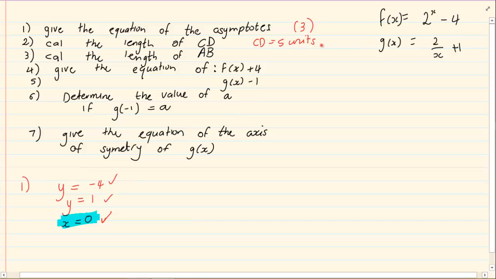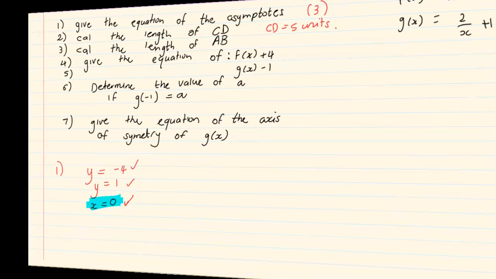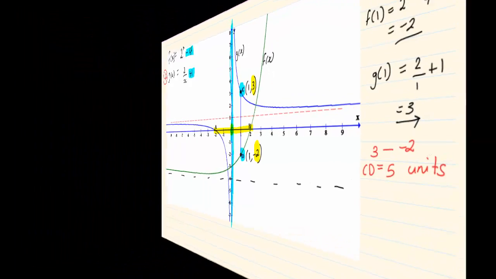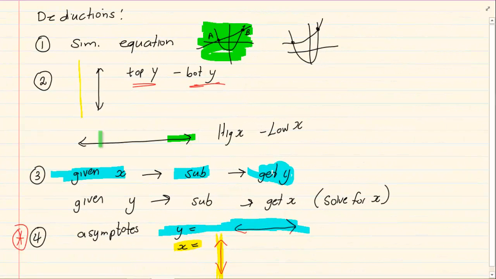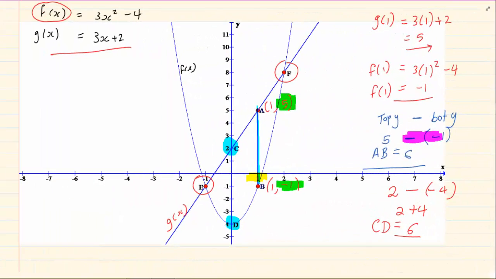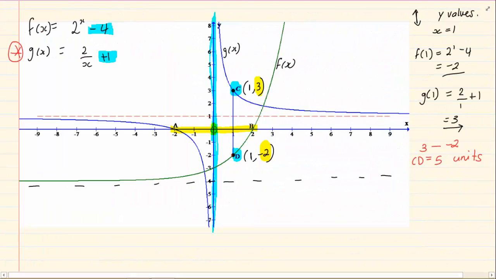Now they tell you calculate the length of AB. So we want the length of AB. If we look, AB is running horizontally. When we are doing a horizontal length, I'm talking of my x values, and I'm going to say a high x minus the low x. Now, what is the high x?